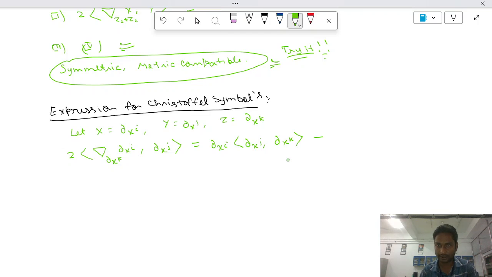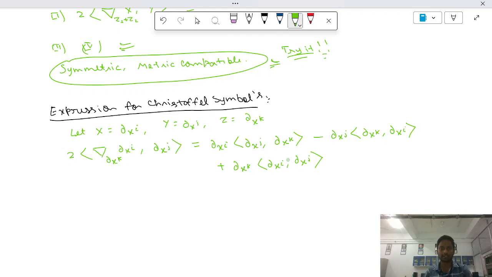Then we had minus y z x. Your y is del x_j, Lie bracket of del x_k comma del x_i, and the third one is your z, del x_k and the Lie bracket of x y. So this is del x_i, del x_j.